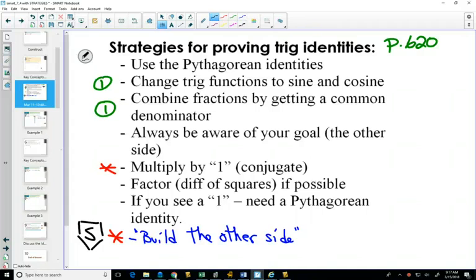Okay, when you get stuck, this is a strategy you're going to use, and factoring. These are the two strategies that can get you unstuck. Superman strategies, there we go.